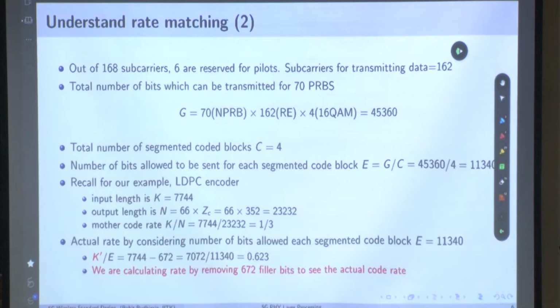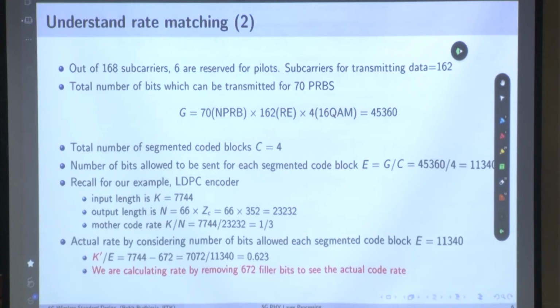What we have seen in these slides is that the transmitter needs to drop the bits to generate a code rate higher than the mother code rate. That is the idea. And why is it done like this? To simplify the implementation.